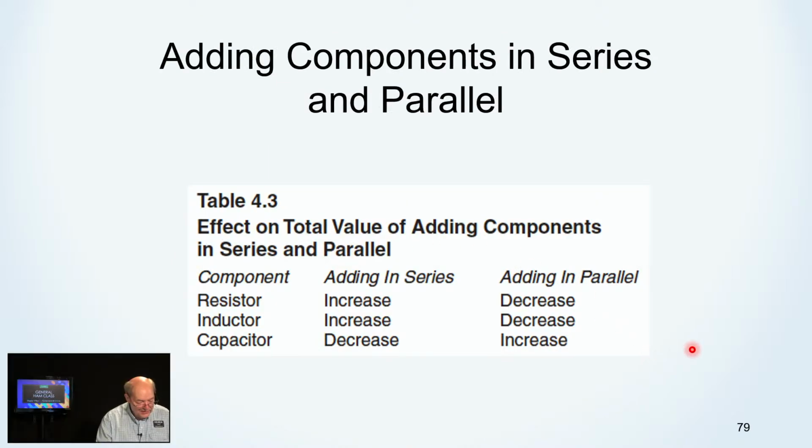Now there's an important concept to catch, and we'll show this in a couple of different ways. The way that component values add up in series and parallel differs between different components. So in the case of a resistor, if you add a resistor in series, it's going to increase the resistance.